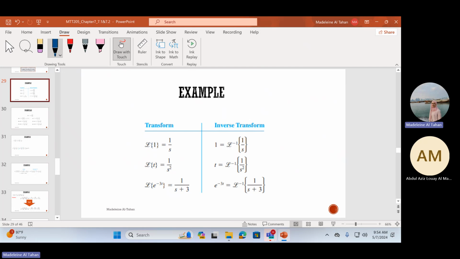Before we proceed, here is just an illustration of the Laplace inverse.